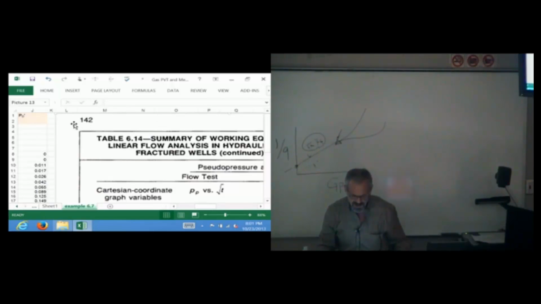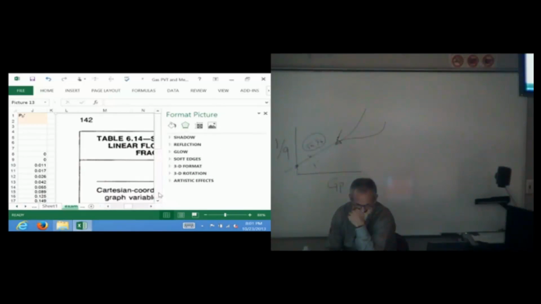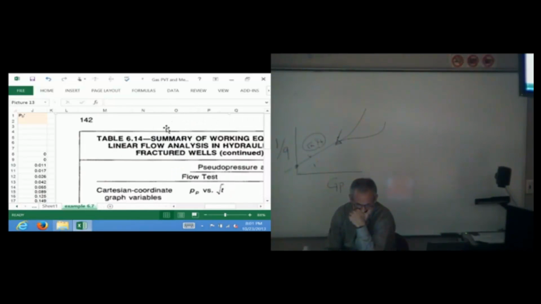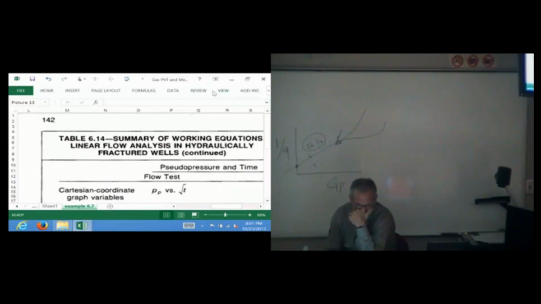How do I crop this? Review, view, data formulas. How come?